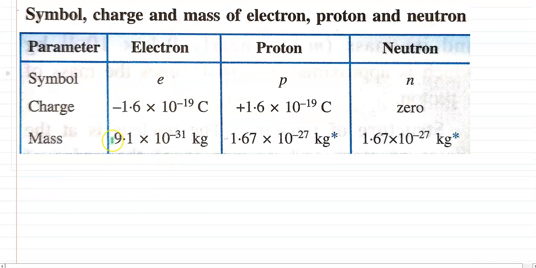The electron mass is 9.1 times 10 to the minus 31 kg, the proton mass is near 1.6726 times 10 to the minus 27 kg, and the neutron mass is about 1.6750 times 10 to the minus 27 kg. The masses of the proton and neutron are nearly the same, but the neutron mass is slightly greater than the proton.